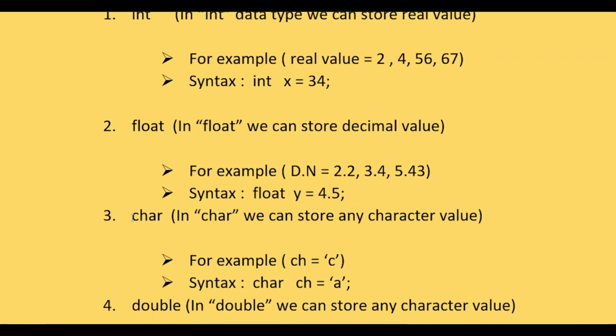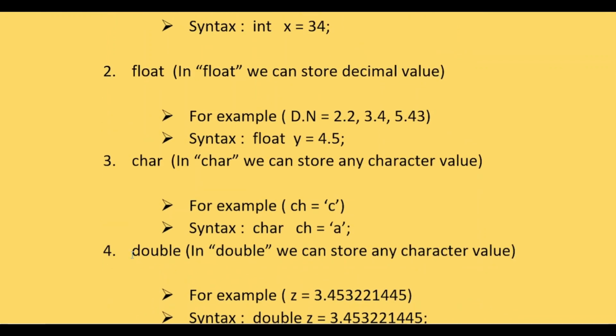Move towards the char. In char we can store any character value, for example ch is equal to a, syntax char ch is equal to a. Later on we will discuss in the program in the executive way, so that will help you to learn very easily. Double is basically float's advanced data type. As you can see, z is equal to 3 point.